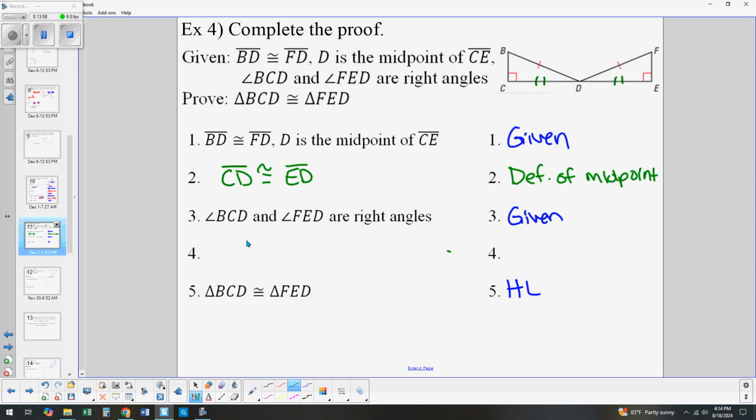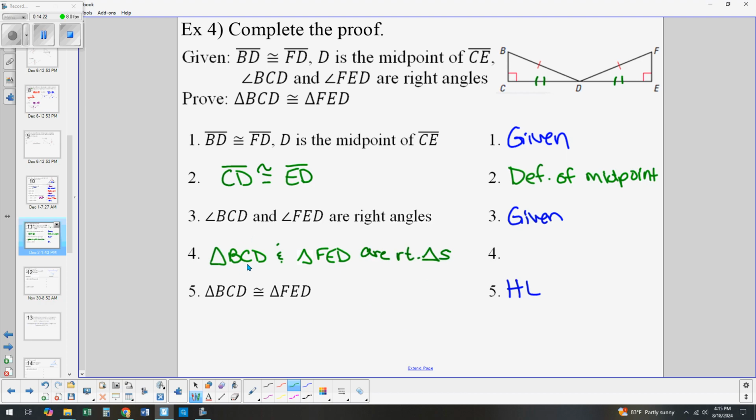So that brings me back a step. If I'm going to use HL, because HL can only be used in right triangles, I'm going to include the statement in my proof that they are right triangles. And I can only do that after I've mentioned that there are right angles.